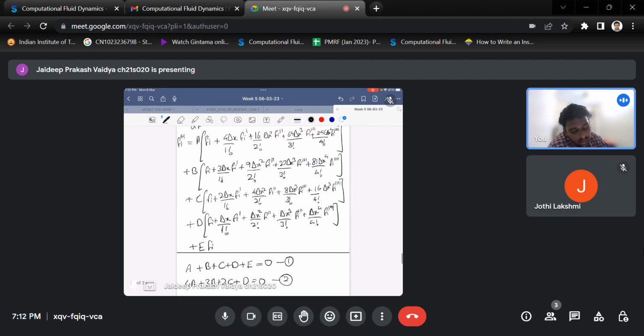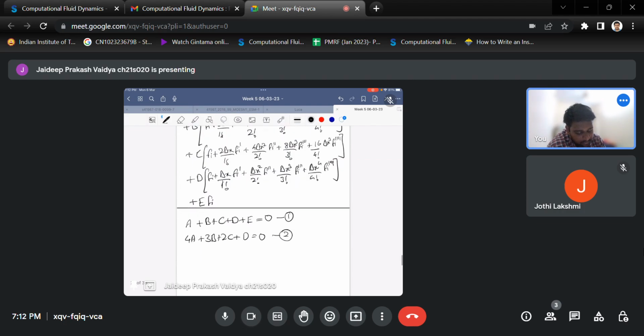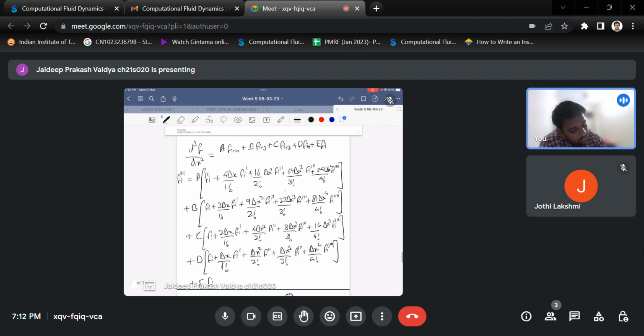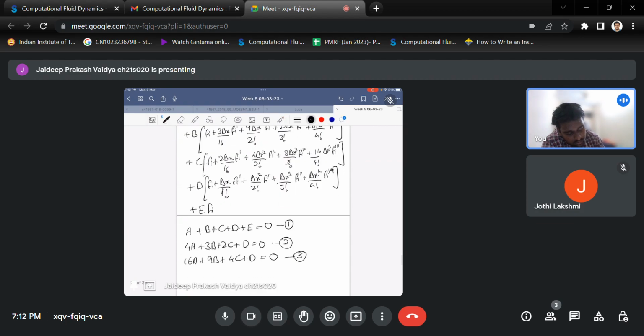Now I take the third term where I have the squares of the coefficients: 16, 9, 4, 1, and again 0 here. So 16a plus 9b plus 4c plus d is equal to 0. This would be equation number 3. Moving on for fi triple dash, I'll have 64, 27, 8, and 1, and obviously 0 here.